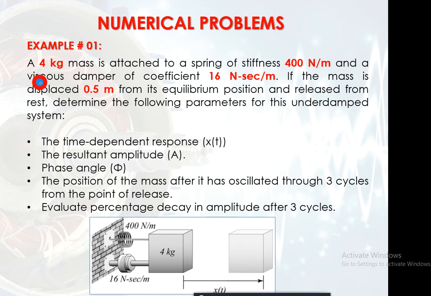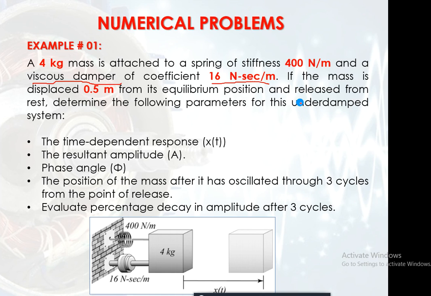So damping provided is viscous damping, and coefficient of damping, that is C, is equal to 16 Newton second per meter. If the mass is displaced 0.5 meter from the equilibrium position, so initial displacement provided is 0.5 meter, and when it is released from rest, determine the following parameters for the underdamped system.